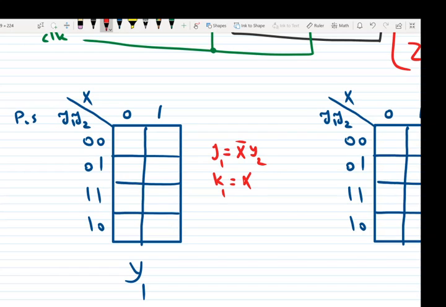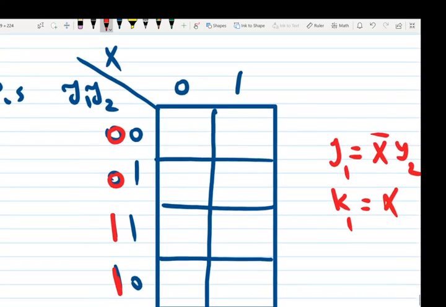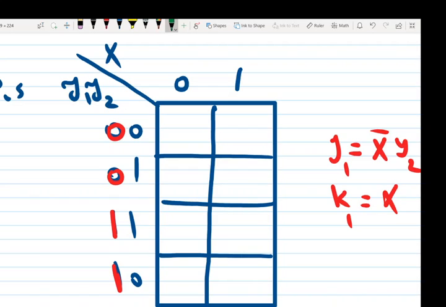Because this one is for the next Y1, let me change the color of the present state of Y1. It helps. Inside this table, I would say J1 is equal to J1.